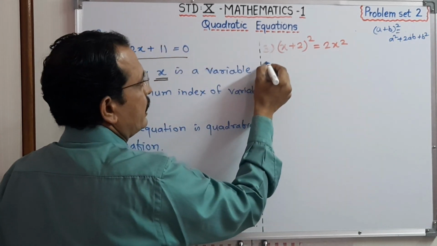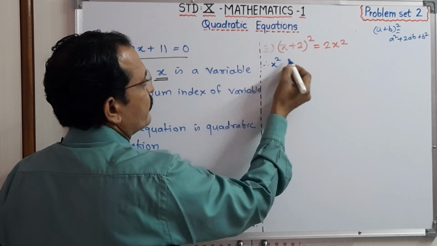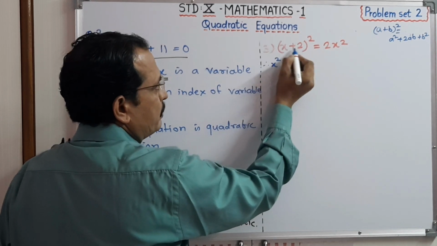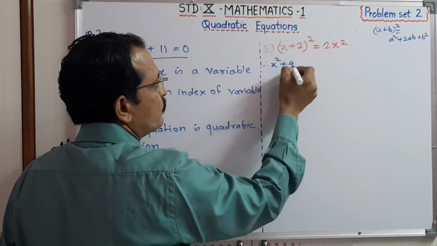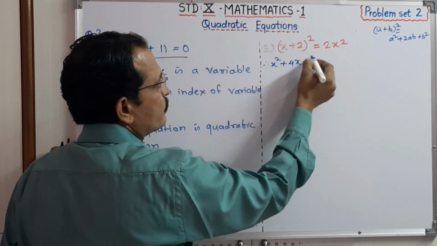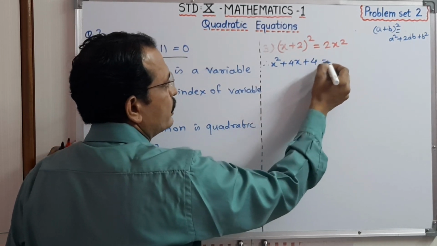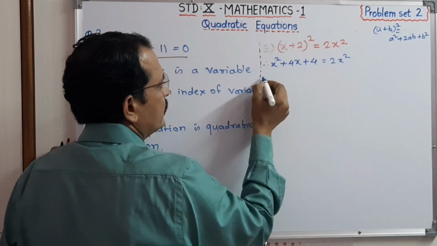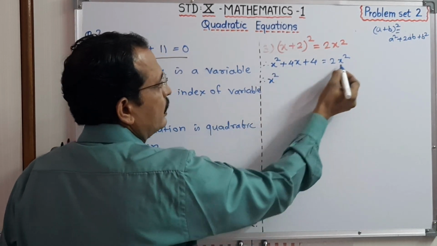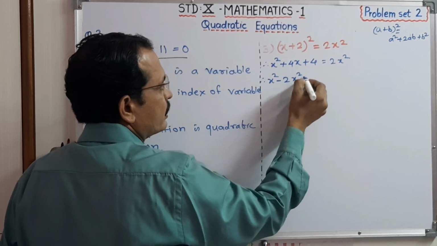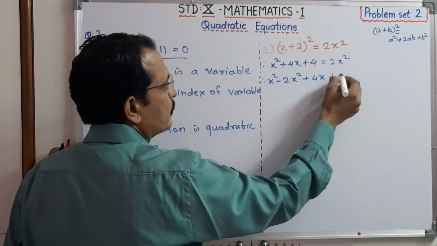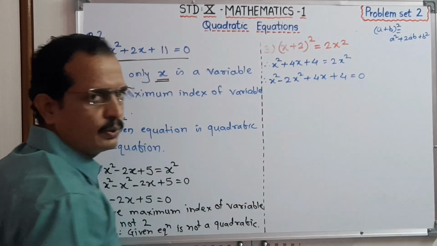Here we can write x square, plus the multiplication of these, it is 2x, and make the double of that, it is 4x, plus the square of this 2, it is 4, is equal to 2x square. Now here x square, this plus 2x square will become minus 2x square plus 4x plus 4 equal to 0.